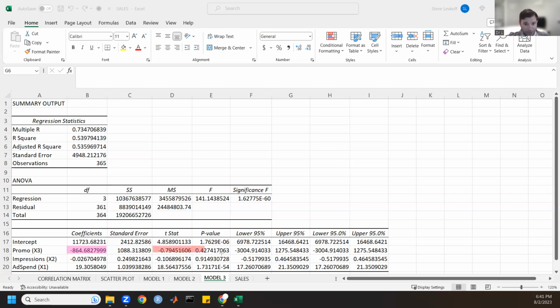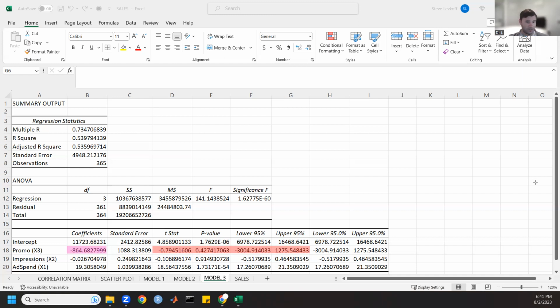The p-value is much bigger than 5%. And again, the lower and upper bounds on the confidence intervals go from a negative effect to a positive effect. So as tempting as it is to look at this and say, hey, we should fire the marketing people running the promotions, it's really not a significant feature of model number 3.